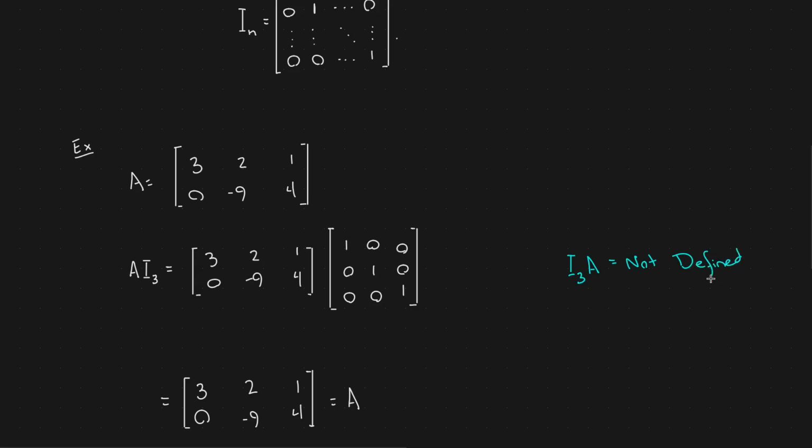So just looking at that, matrix multiplication isn't commutative. But it actually gets worse than that. Even when the matrix multiplication is defined in both directions, it does not necessarily mean that the products in both directions will be the same.